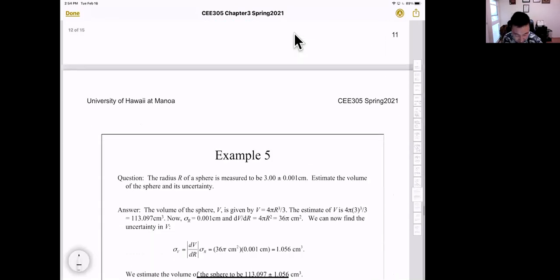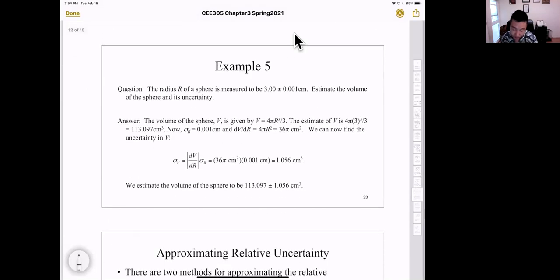For example, the radius R of a sphere is measured to be 3.00 plus or minus 0.001 centimeter. We are asked for the volume of the sphere and its uncertainty.